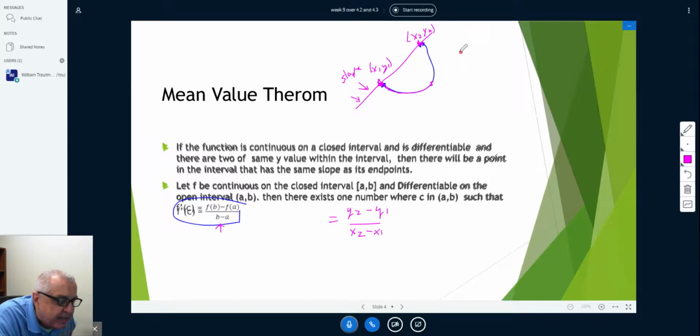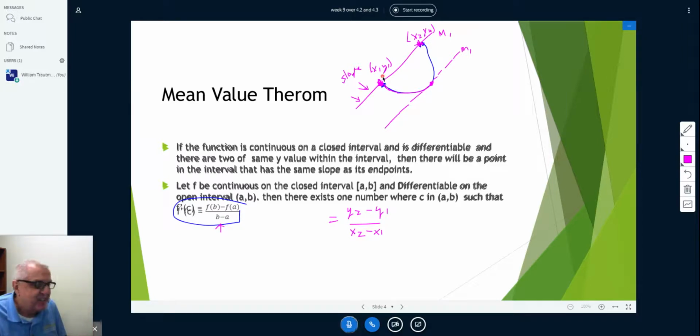There's another point that has the same slope. You see that the lines are parallel. So whatever this slope is, the slopes are the same. That's what mean value theorem says. You can take the average of these 2 points, which is the slope.